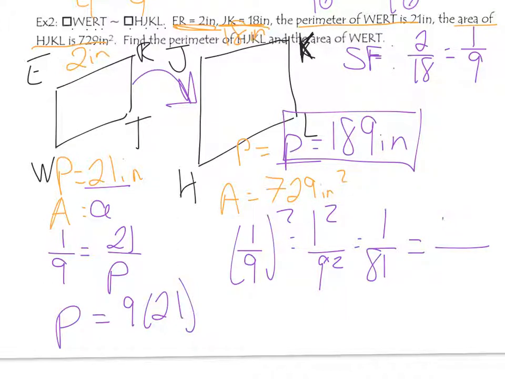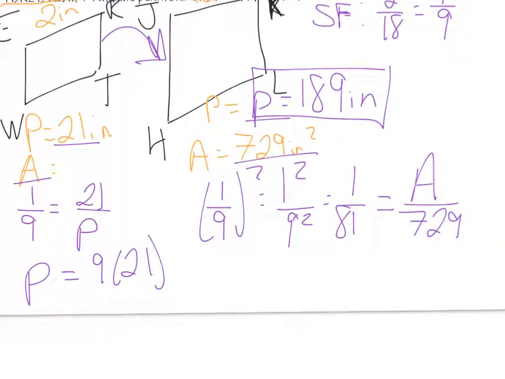Maybe I should use a capital A. Is that better? So we'll do capital A instead there. See, correcting your handwriting is really helpful. And we are going to compare this to 729. Okay.